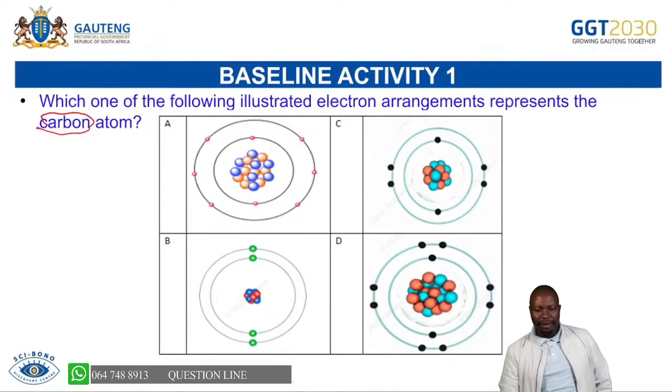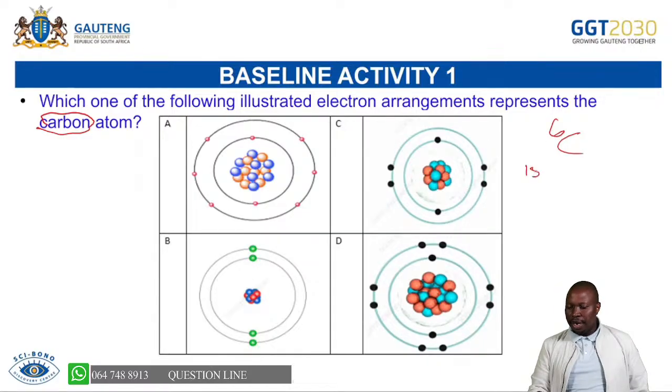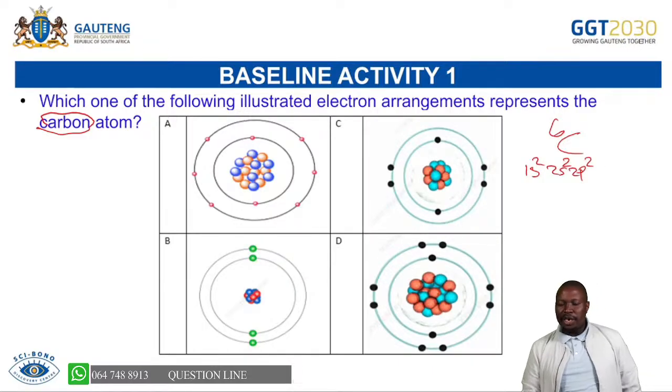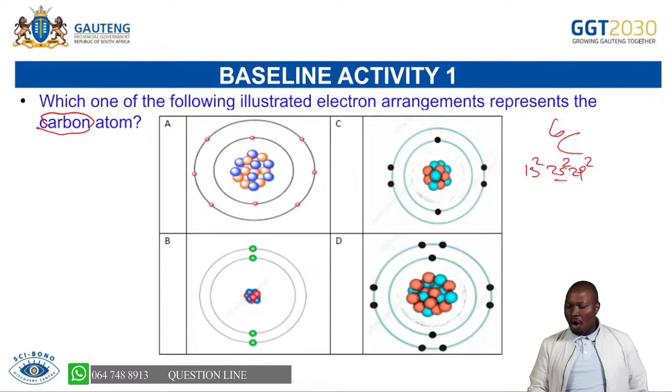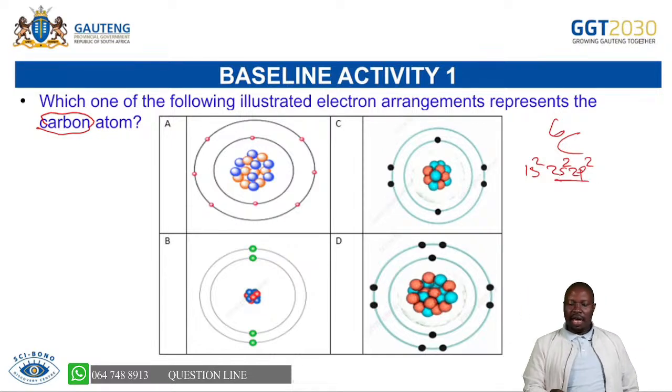Remember, the carbon atom in the periodic table is number 6. And if you still remember electronic configuration, we said it's 1s2, 2s2, 2p2. So you can see that carbon has 4 electrons in the outermost energy level. If you check here, option A has 1, 2, 3, 4, 5, 6 electrons.